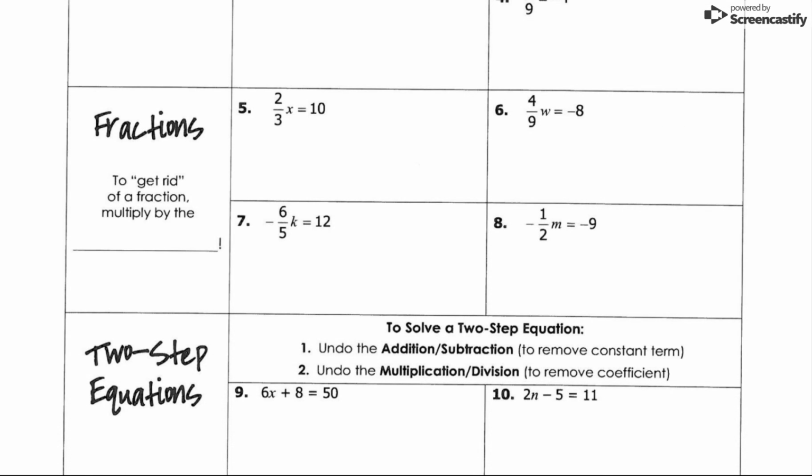Now we're going to look at if you get a fraction, and how you get rid of a fraction. Over here in the left-hand column it says to get rid of a fraction, multiply by the reciprocal.